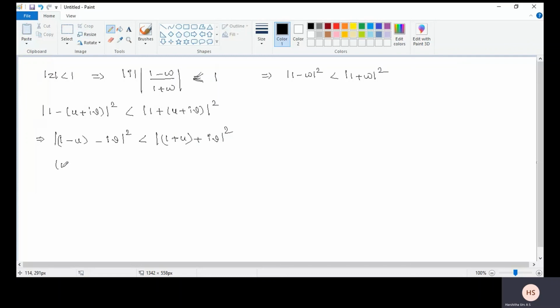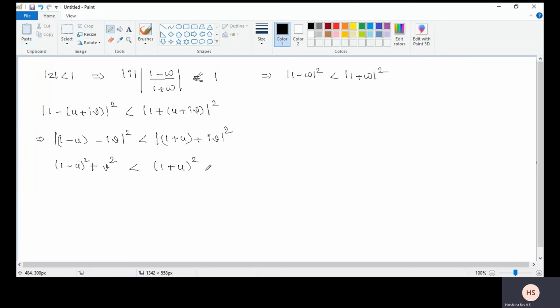So it becomes (u - 1) squared plus v square, less than (u + 1) squared plus v square.